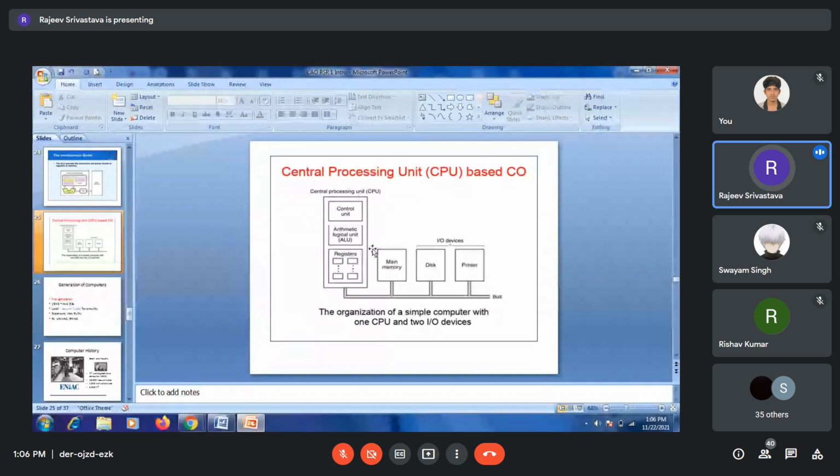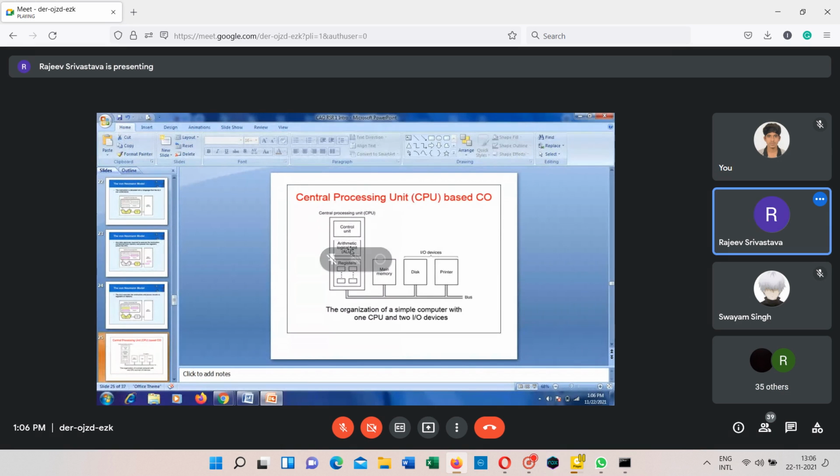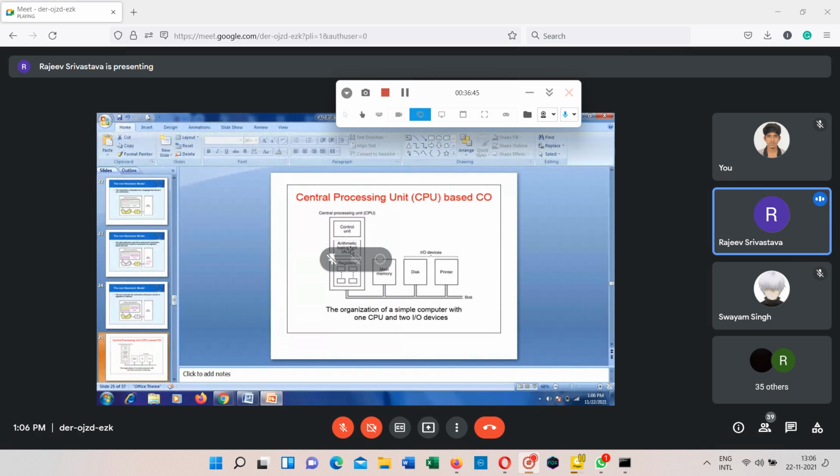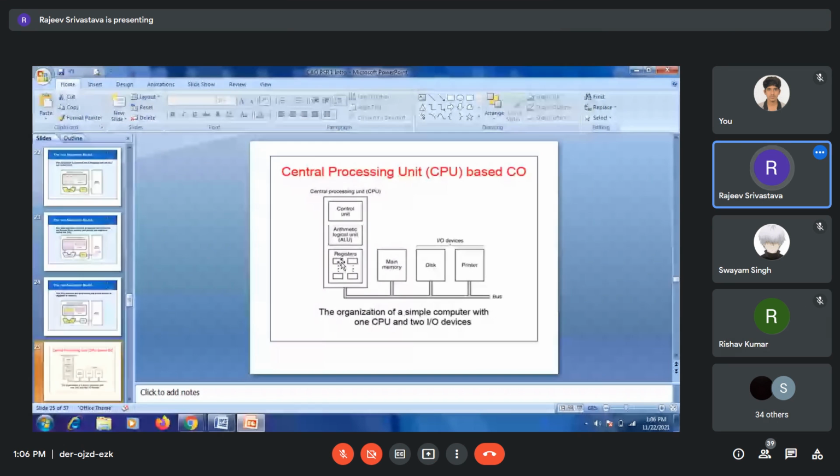We have the central processing unit, which has the control unit, arithmetic logic unit, and registers. The control unit controls the operation; the arithmetic logic unit performs arithmetic and logical operations. Registers are the memory to store operands, but they are within the CPU, which is why they have a special name, register.